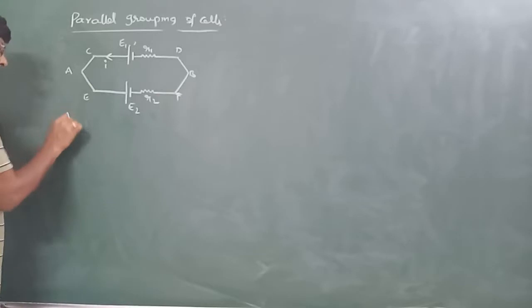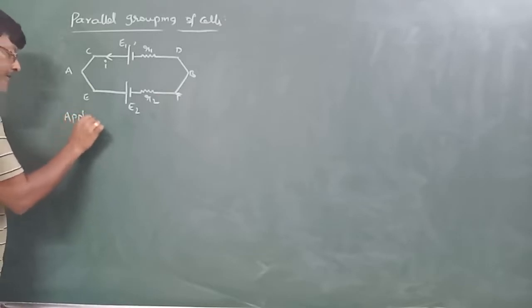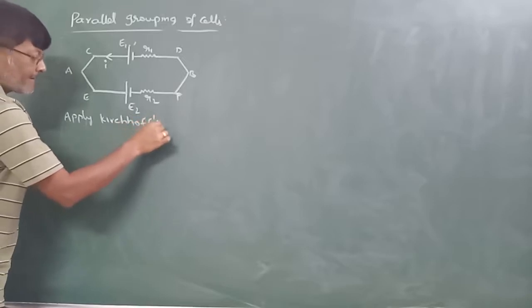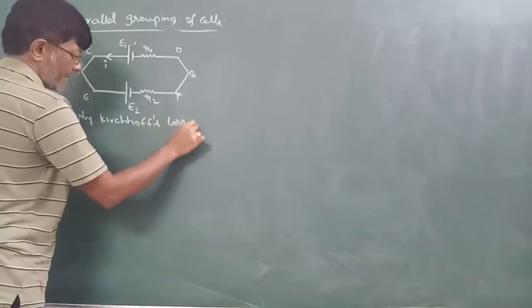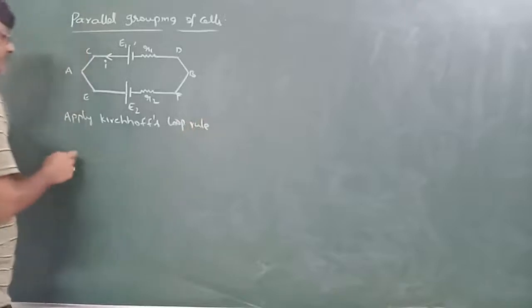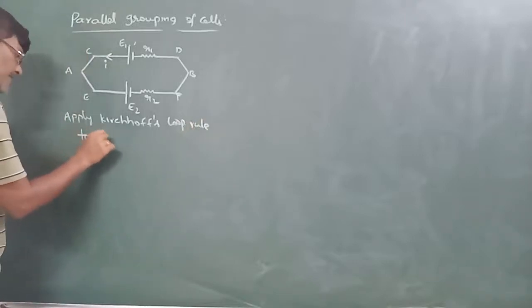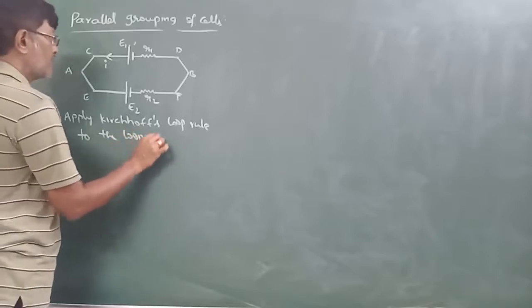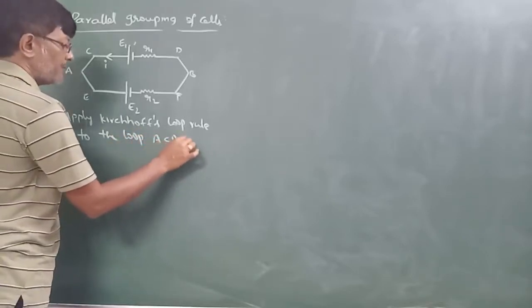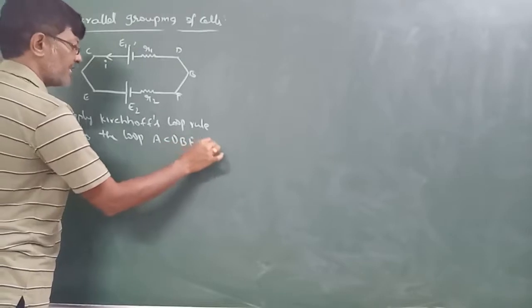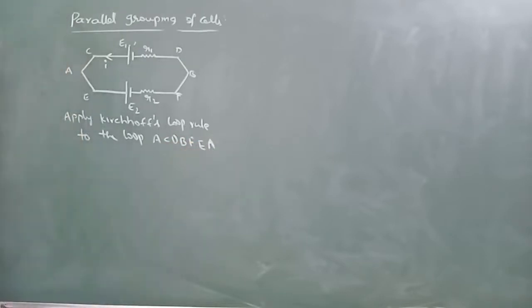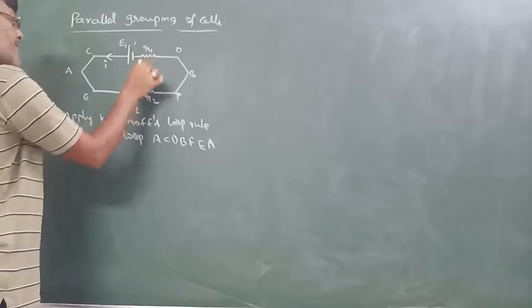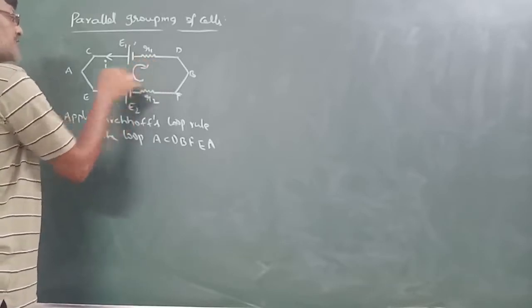Now apply Kirchhoff's loop rule to the loop ACDBFEA. Our path is clockwise path.